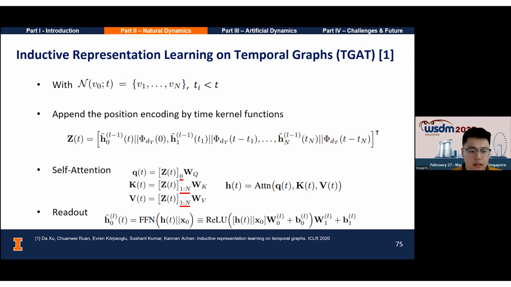Then we call the attention on Q(t), K(t), and V(t) to get H(t). After we have H(t), we multiply it with the weights and bias after two feed-forward neural networks to read out the representation vector of node v0 at the l-th layer of TGAT. So this is the logic of the TGAT work.